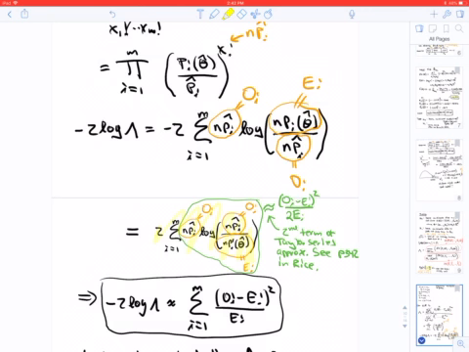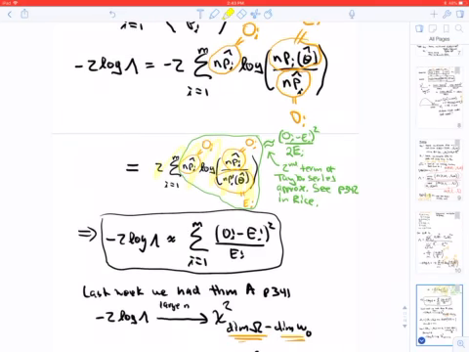So this expression here is something that you could calculate, but it turns out it's simpler to calculate an approximation of this, which is given in green here, (Oi minus Ei) squared over 2Ei, and the 2's cancel there, so you end up with exactly the chi-squared statistic.